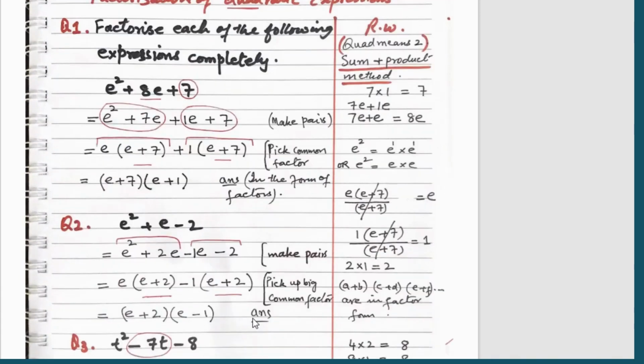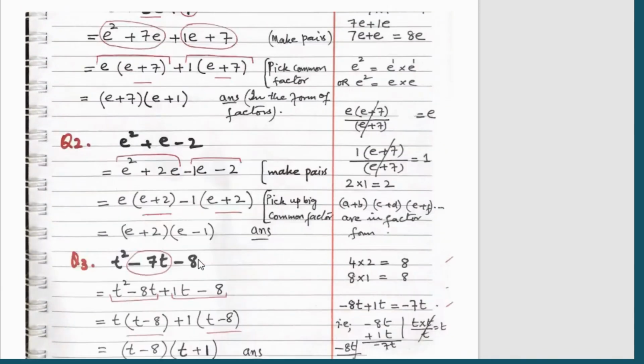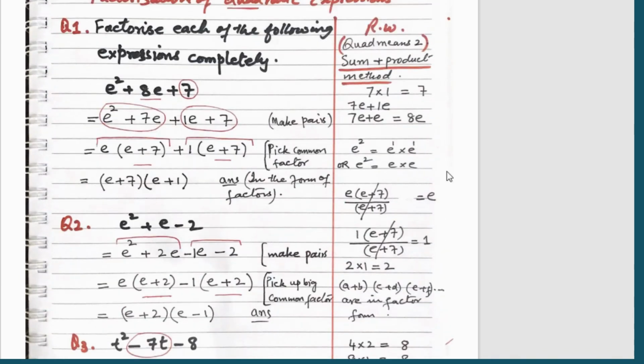Now, before going to the second question, come here. One thing I want to explain to you again: if you don't know how to pick up a common number and you get confused about what is left behind, you can do it like this. This is the first term, write down this first term in rough.